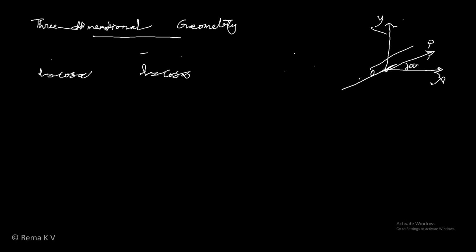We are not considering a vector here, we are considering a line in a three-dimensional space. So it extends to both the directions. So if this angle is alpha here, it makes an angle pi minus alpha with the positive direction of x-axis also. Okay, so see the total angle here is 180 since it is a line, and if this angle is alpha, this angle becomes pi minus alpha.